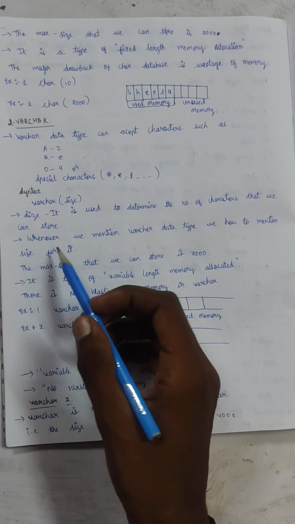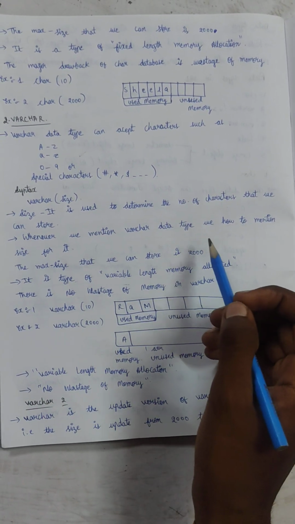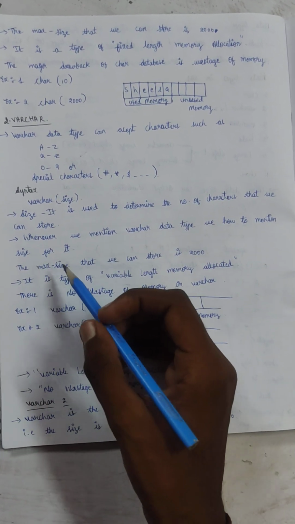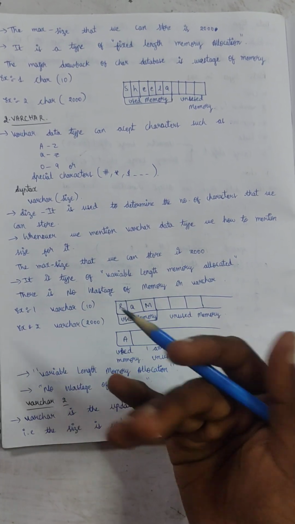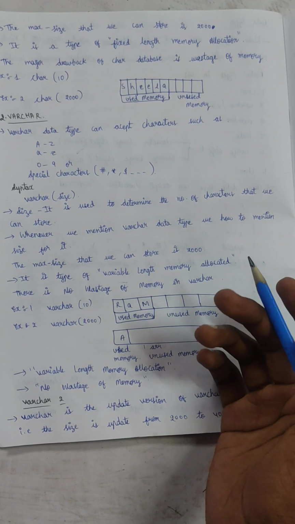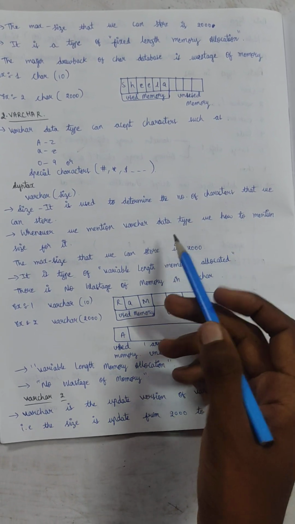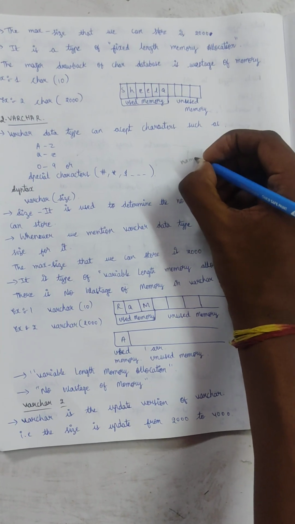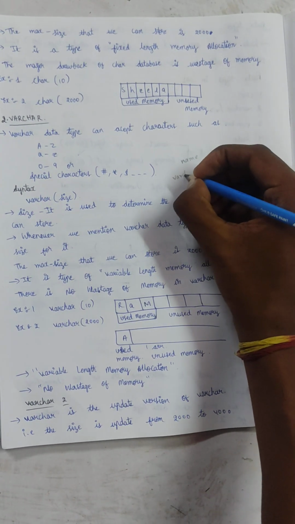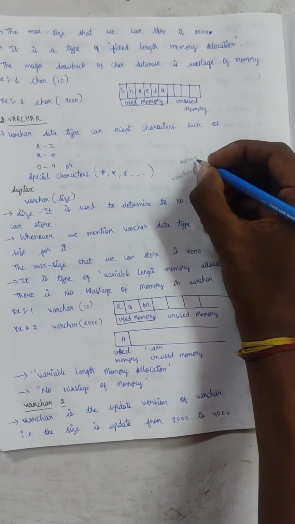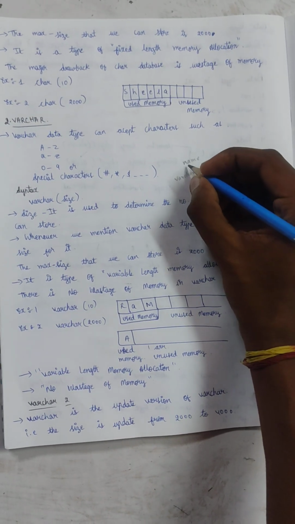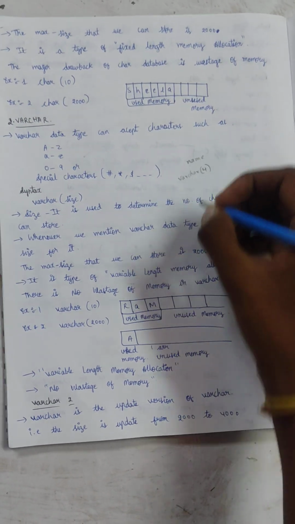Whenever we mention the varchar data type, we have to mention size for it. As I said earlier, name we can mention as varchar of the size of that character, 1 2 3 4. So I have mentioned 4.